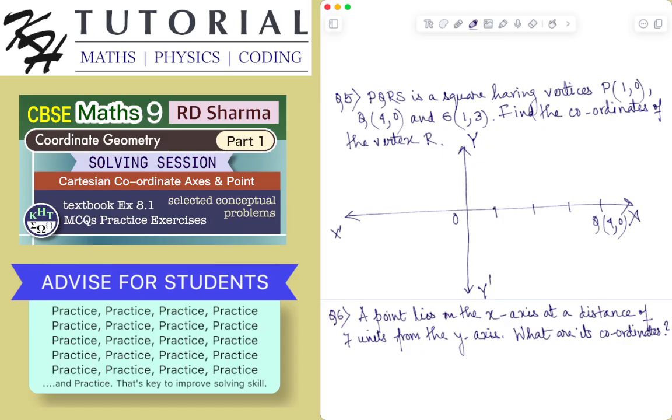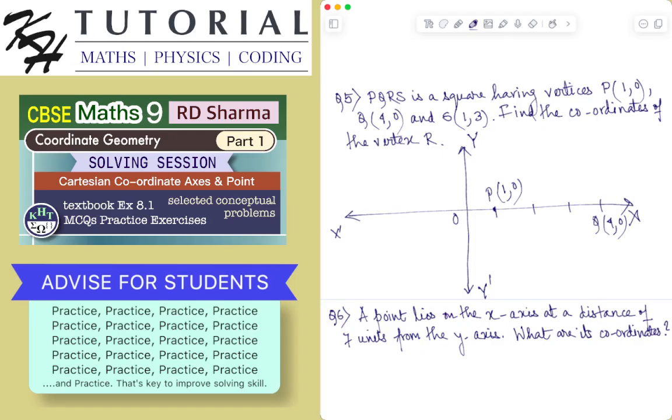So we have the point P (1, 0), and the point S is (1, 3). Since both the abscissa and the ordinate are greater than 0, it will be in the first quadrant.